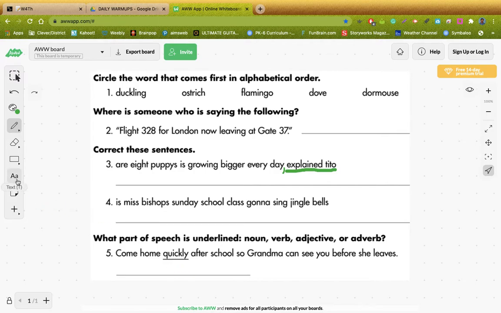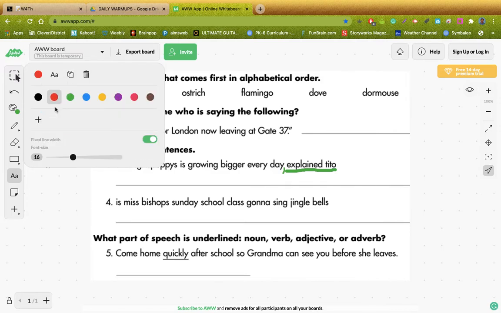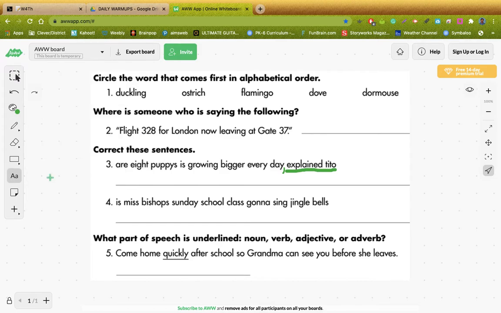What is a noun? Well, a noun is, see if I'm typing what you think a noun is. Make it a little bit bigger. A noun is, okay, we know what a noun is. Now what's a verb?